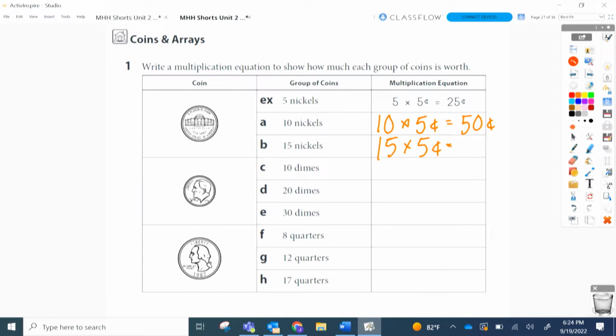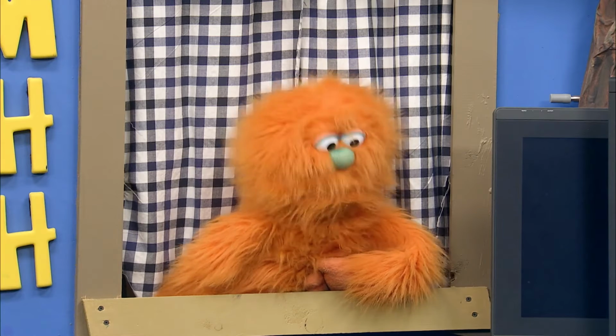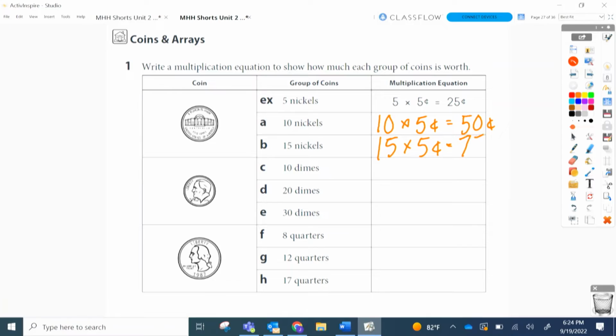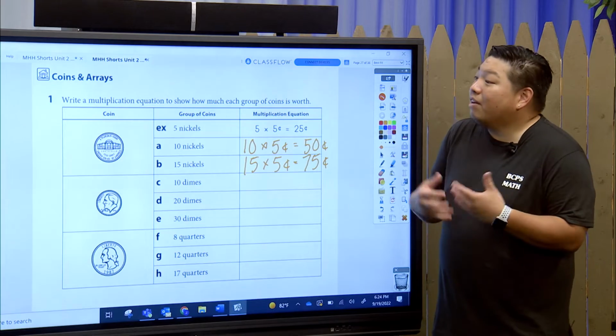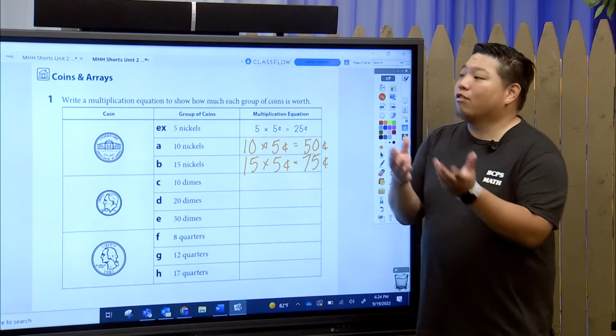And we already know how much 10 nickels is. 50 cents. So if 15 nickels is what we have to find the value for, we can add those together. So what's 50 cents plus 25 cents? 75 cents. Oh, that's cool. And that's the cool thing about math, we can be strategic with how we do it and be efficient. Use what we know to solve for what we don't know.